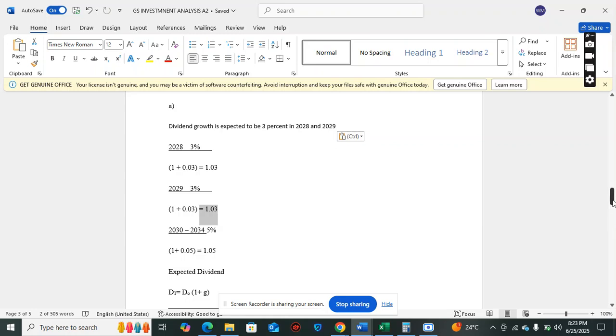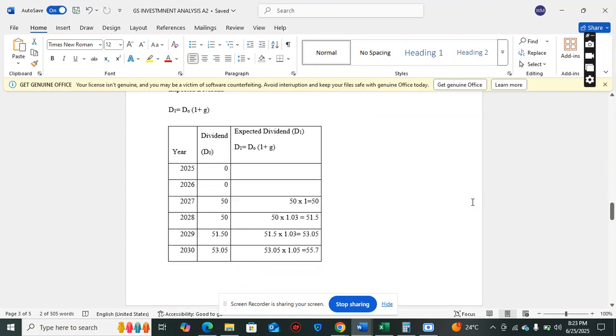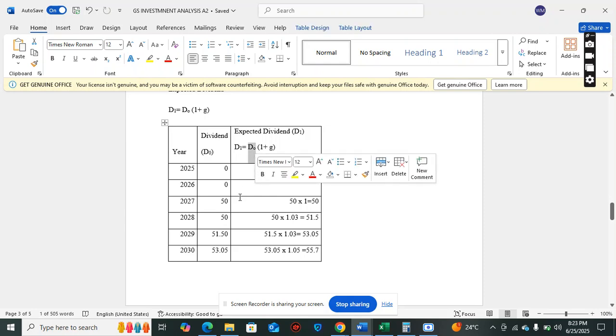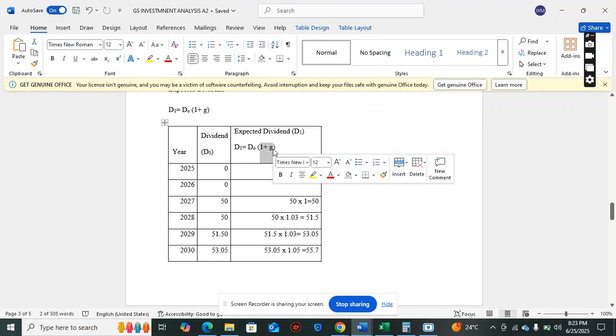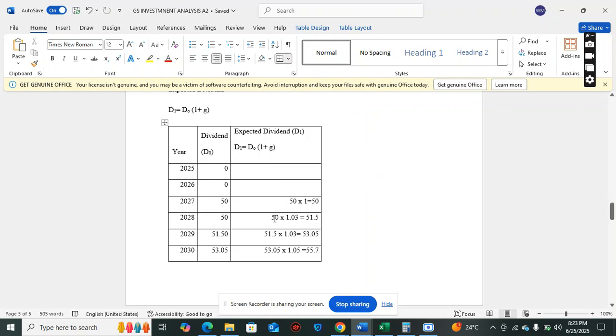So when we get back to our table, in 2028, our expected dividend: D0, the dividend for the previous year, which was 50 kwacha for 2027, multiplied by 1 plus G, which we already calculated on top as 1.03.